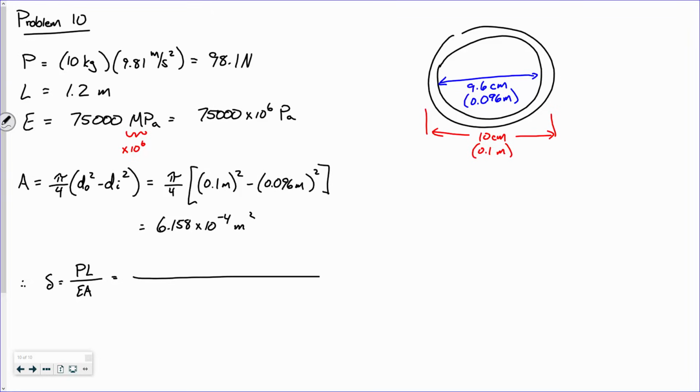So it's 98.1 newtons and 1.2 meters, all over 75,000 times 10 to the 6 pascals times 6.158 times 10 to the minus 4 meters squared. So what does deflection come out to be? It's going to be small.